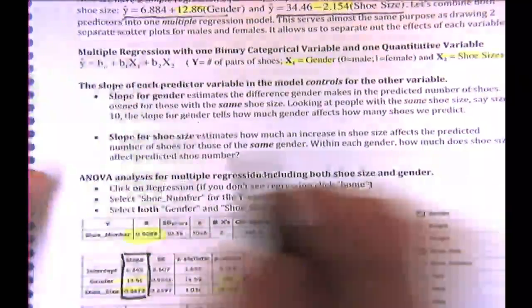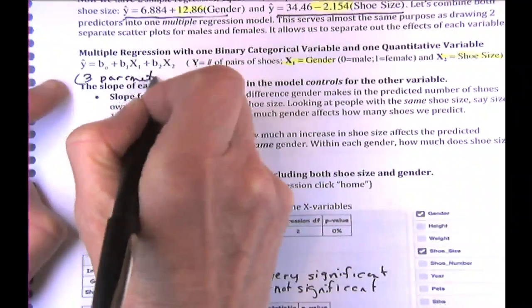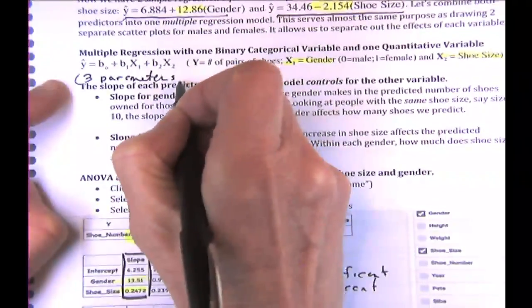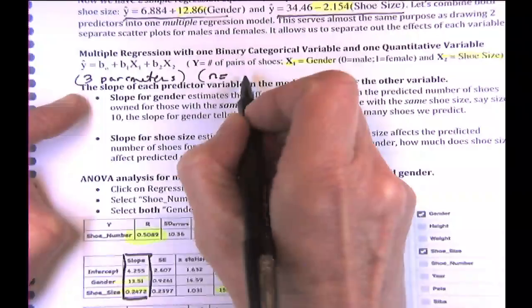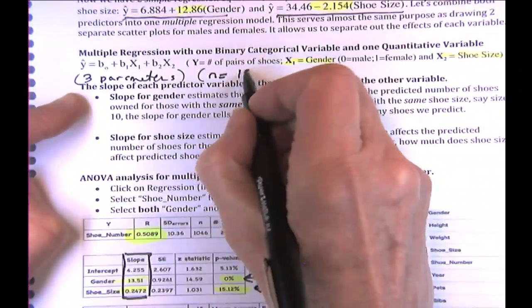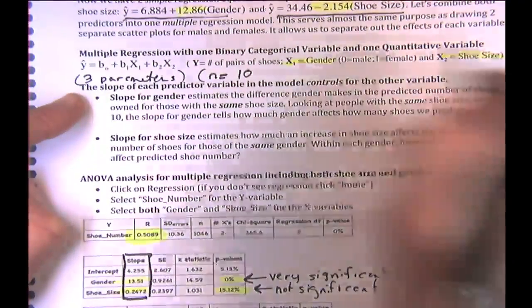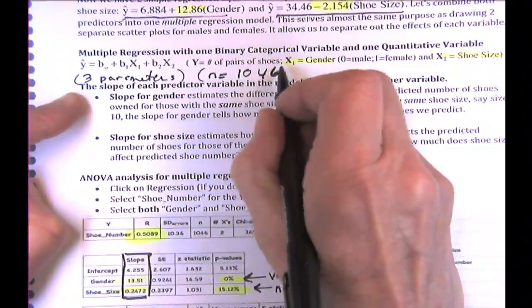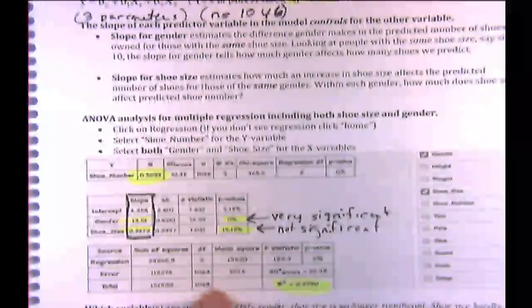So this is 3 parameters, right? And we have n equals 1046. So you can see that these work out, right?